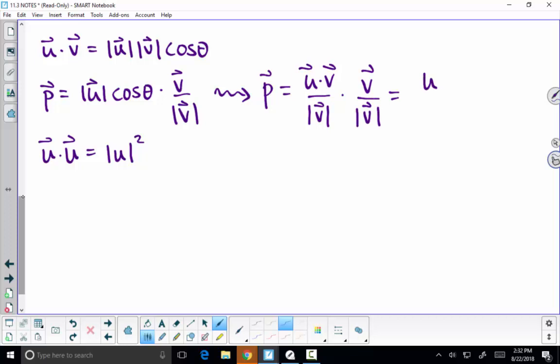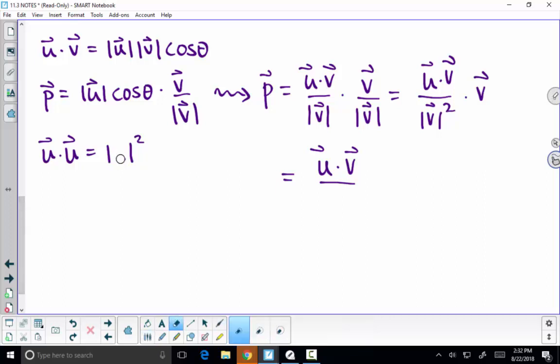So now we have u dot v divided by length of v squared times v. And our last step is to use this bottom formula, the length of v squared or the length of u squared. It doesn't matter what letter I put in here. Maybe I'll put the v in there because that's the letter we're going to replace. It's a generic formula. It doesn't matter what letter you use.